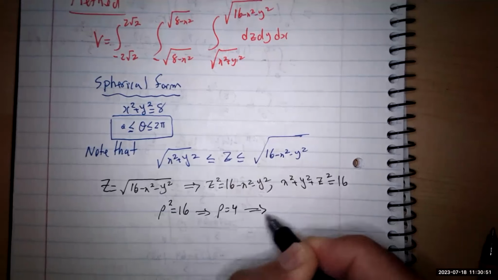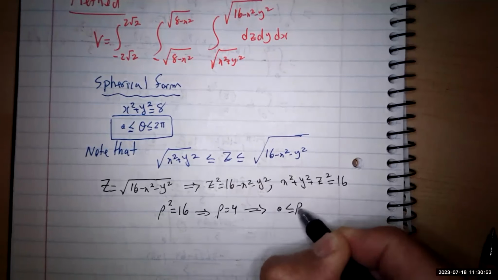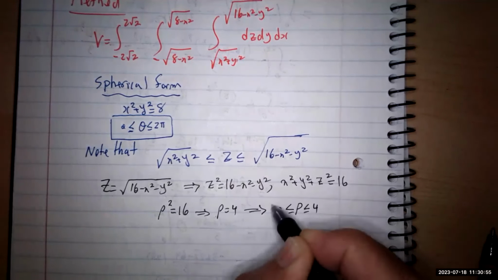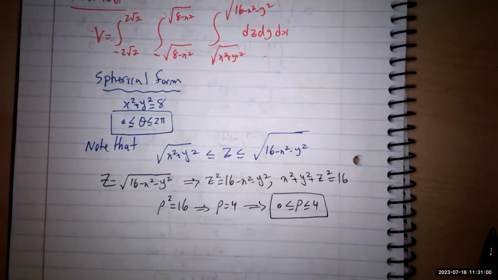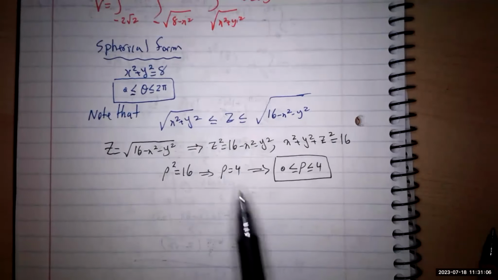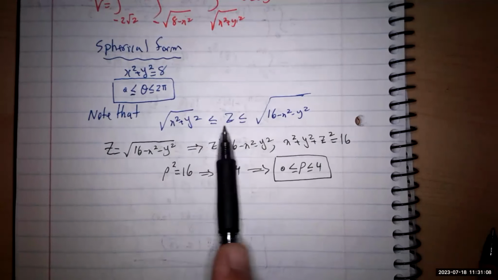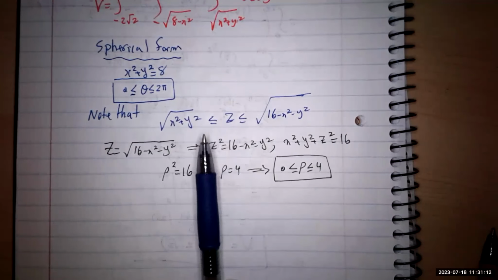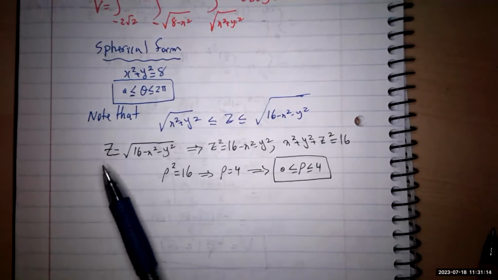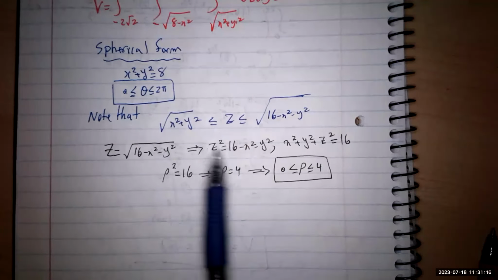So that gives you the range for the rho. You know that the rho is behaving like r in the polar coordinates. So I have the theta, I have the rho. So you need the phi. But we have one more condition on the z. Okay, any question? So try one more condition on the z to see if that gives you the restriction for the phi.